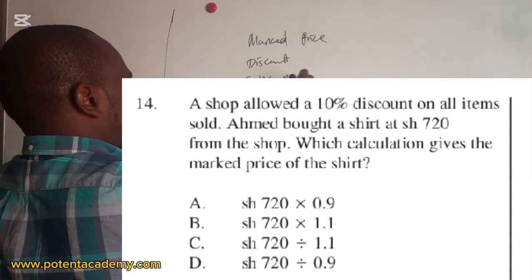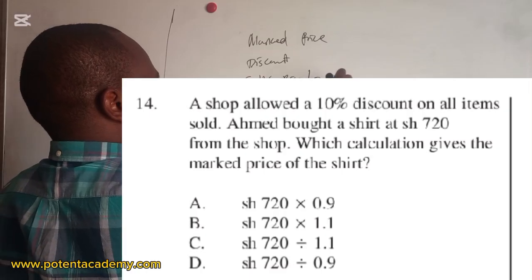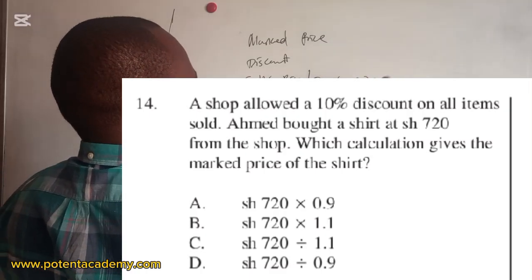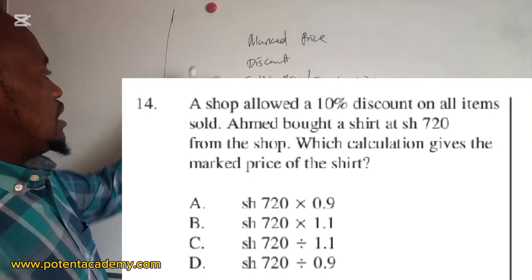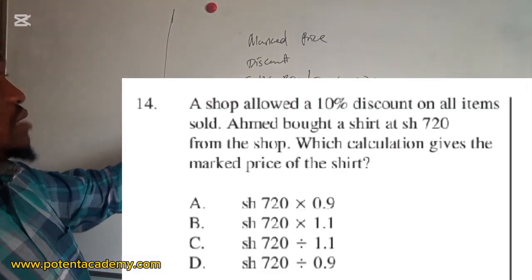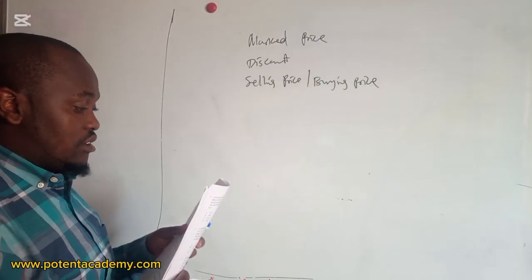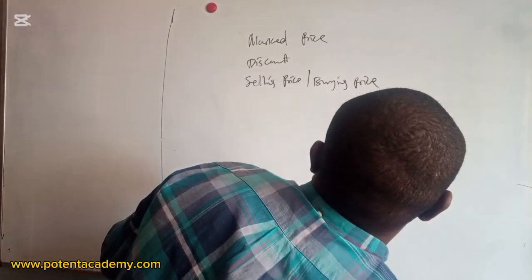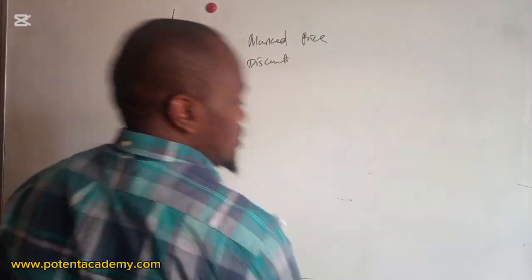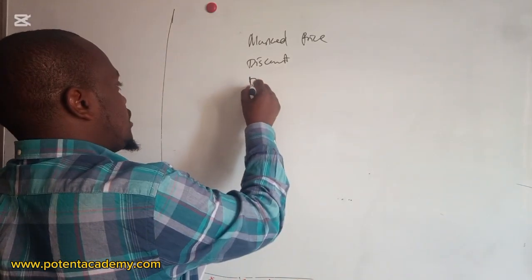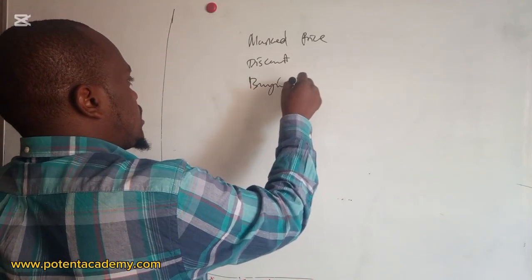Selling price or buying price. From the point of the seller, it is the selling price. In this case, remember, selling price and buying price are totally different in calculations of profit and loss. But let us talk about buying price because we are talking about Ahmed. We are not talking about the seller. Buying price.